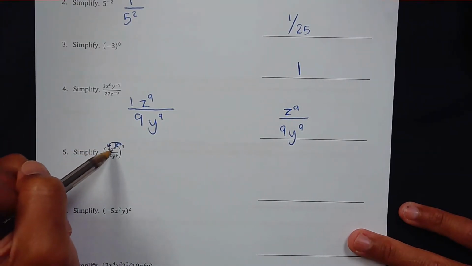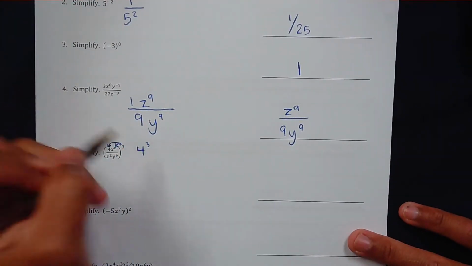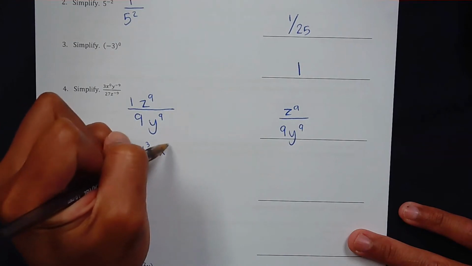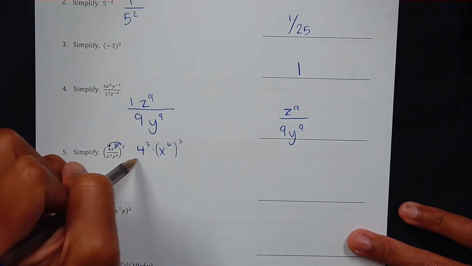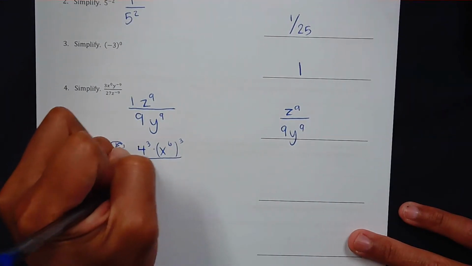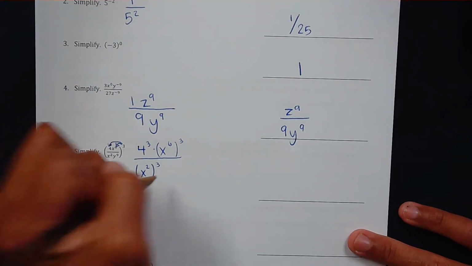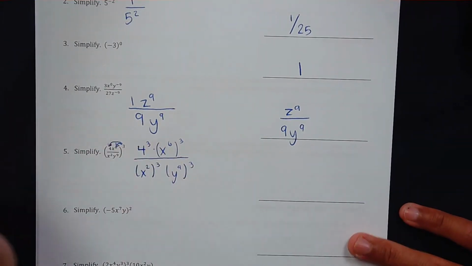The 3 applies to that x to the 6th power. So let me just go ahead and rewrite this out. That'll be 4 cubed multiplied by x to the 6th power raised to the 3rd power. Everything gets raised to the 3rd power, right? If it's outside. x squared to the 3rd power, and then y to the 9th raised to the 3rd power.